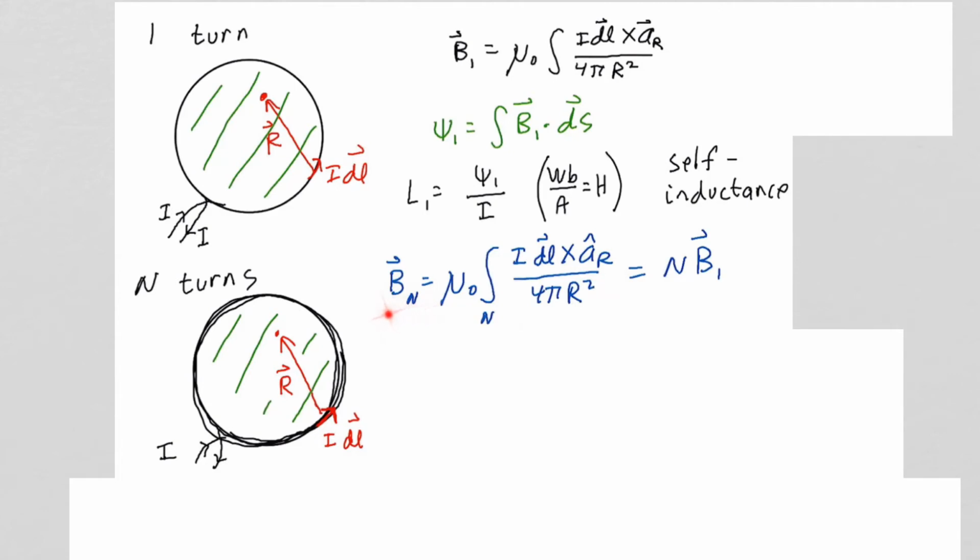So our resulting magnetic flux density field for the n-turn coil will just be n times the magnetic flux density field of the one-turn coil. If we integrate B sub n dot dS over the surface whose perimeter is defined by our coil, we'll get the total magnetic flux psi sub n. And we see that this psi sub n will be n times the magnetic flux we obtained from the one-turn coil.